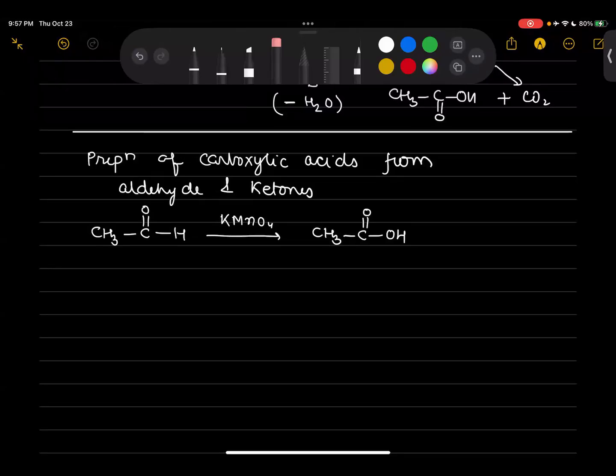But the oxidation of ketones, does that happen under normal conditions? My first question is, do ketones get oxidized under normal conditions? What should your default answer be? No. Yes or no?